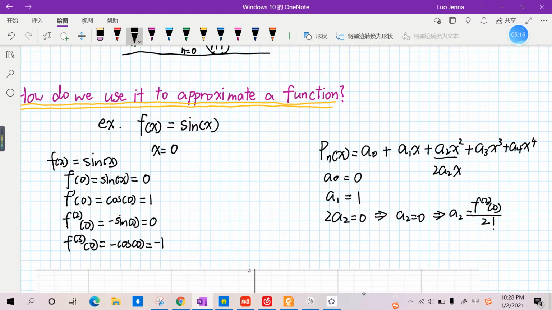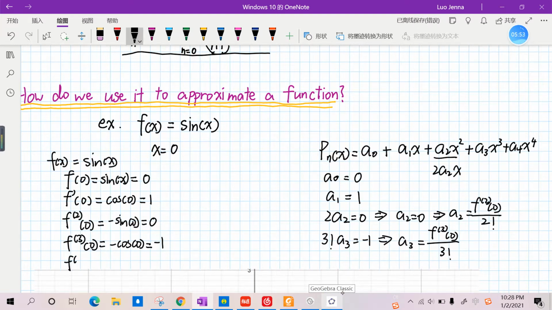So here, we take the third derivative of P(x), and we are left with the factorial of 3 times a3, and it equals -1. So here, a3 equals the third order derivative of sine x over the factorial of 3.